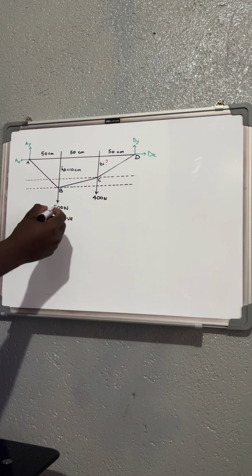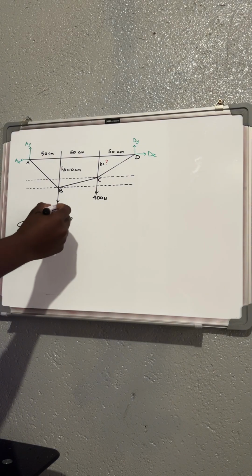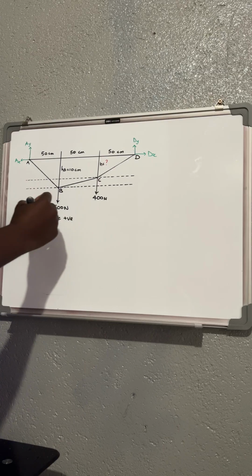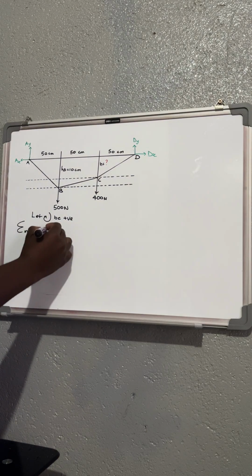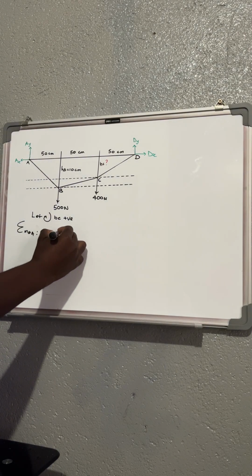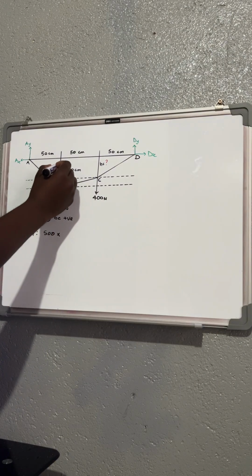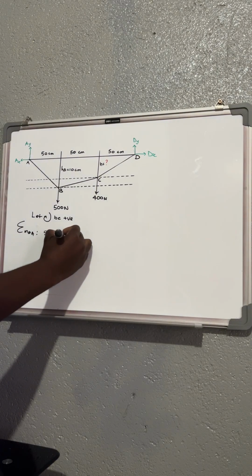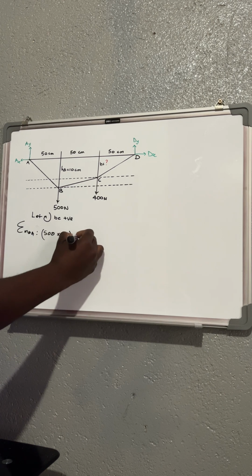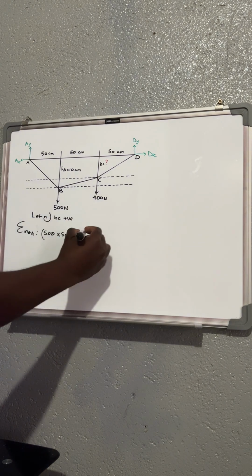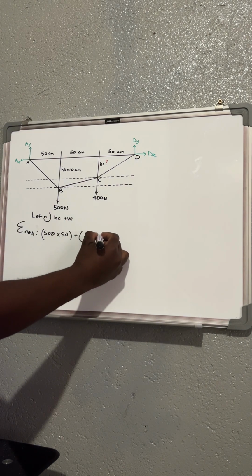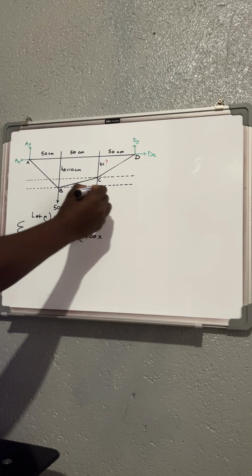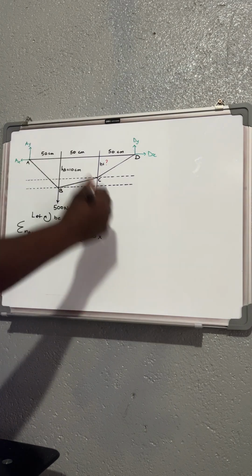What do we have? We can start with this one, the 500, that is acting in this direction, which is going to be clockwise. We will have this 500 multiplied by the distance between this one and that one, which is going to be the 50 there. Then plus we have this 400 here multiplied by the distance between here to here, which is going to be 50 plus 50.